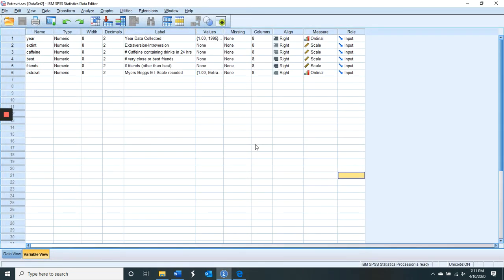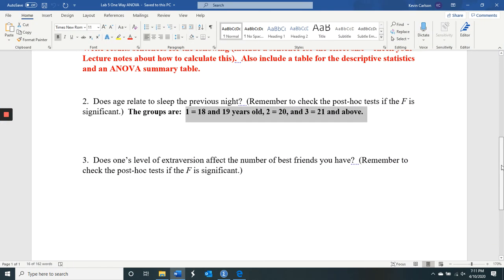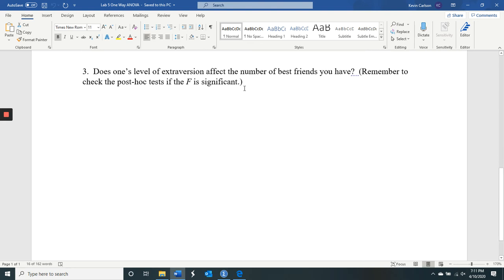And so the second question, it's officially the third question, but the second thing that you're going to be doing in terms of looking at output is, again, some data that was collected from a stats class at the Claremont Colleges even before I was working there. So a stat professor collected these data. And I don't know how he measured the various things, but basically he measured people's levels of extroversion.